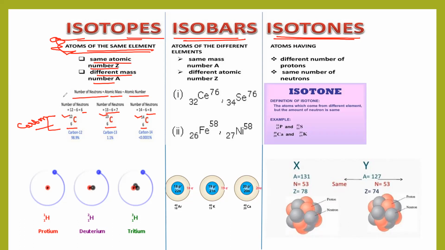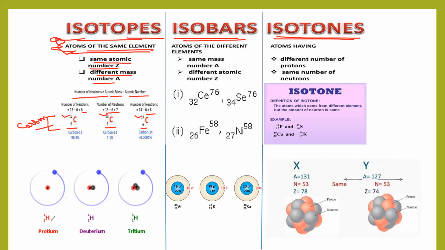According to the definition, isotopes are atoms of the same element having the same number of protons and different number of neutrons or mass number.